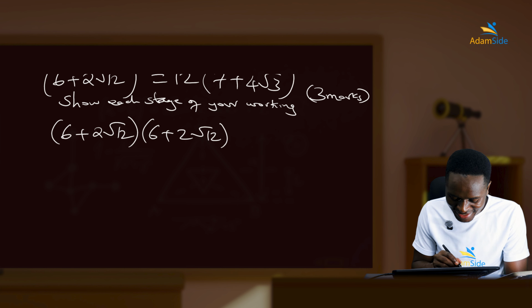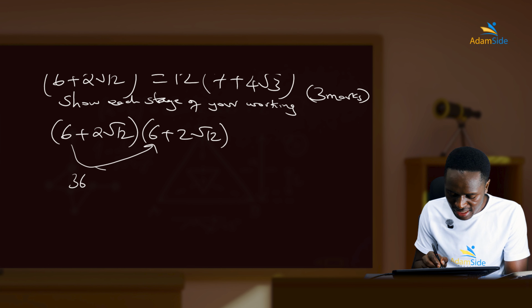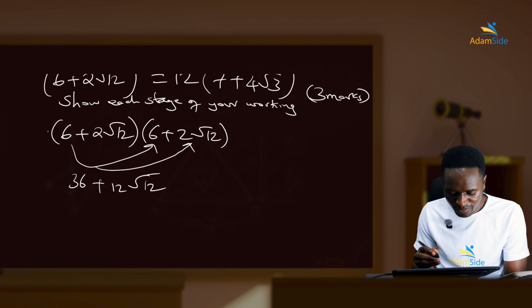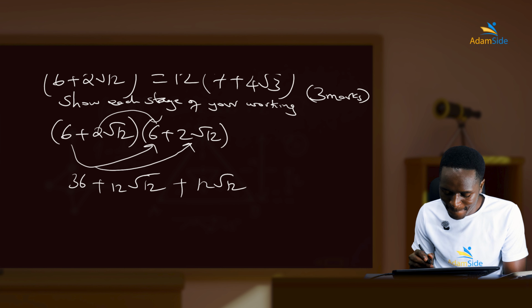What do you do when you expand? 6 times 6, you get 36. 6 times 2 root 12, you get plus 12 root 12. Plus this one times that, it is 12 root 12.